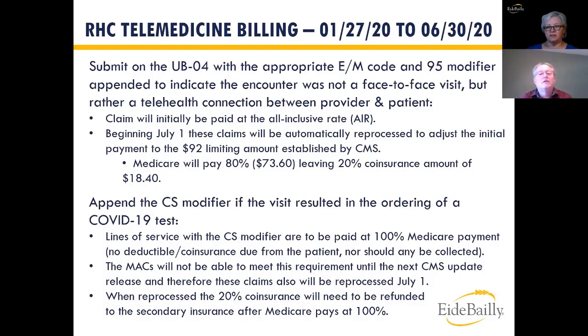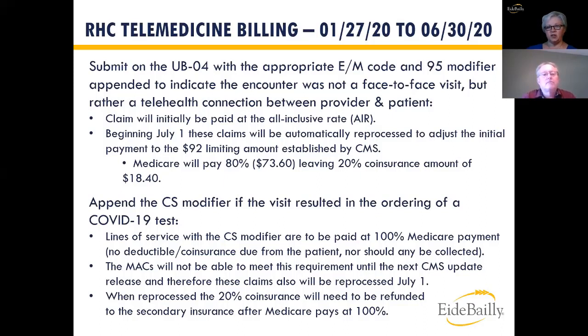You will put on the CS modifier if that visit resulted in the ordering of the COVID-19 test, at which time there will not be a coinsurance assessed. Now, again, CMS isn't going to be able to process, or the MACs aren't going to be able to process our claims that way until July 1st, when the next quarterly release comes out. So at that time, you can expect that if you have a claim with the CS modifier on it, it's going to process, leaving coinsurance.